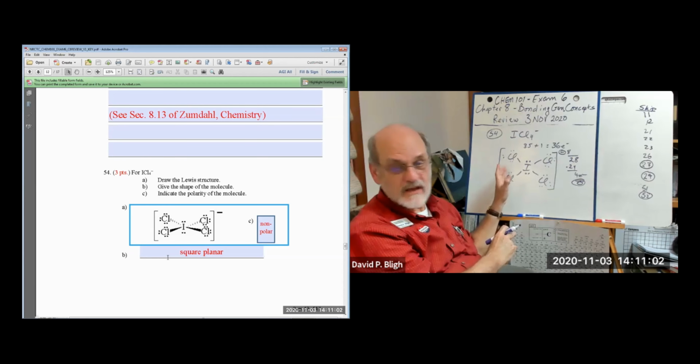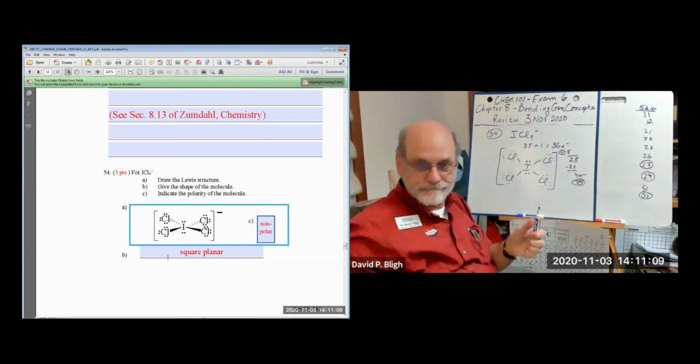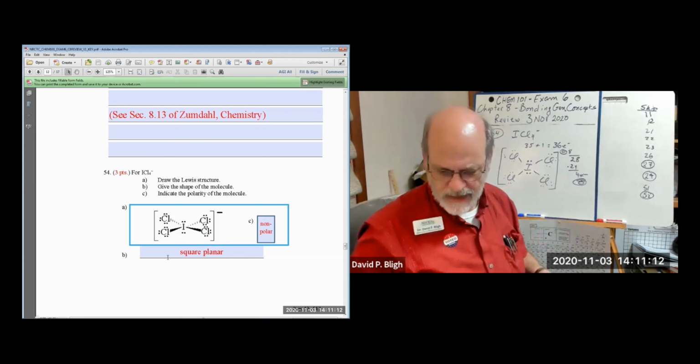Right? So B is square planar molecular structure, and C is nonpolar. All right, so we got that one out of the way.